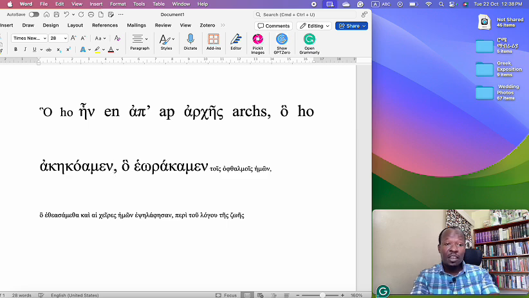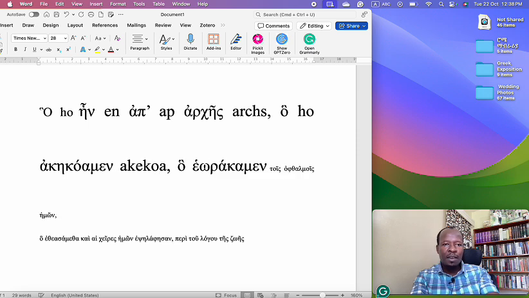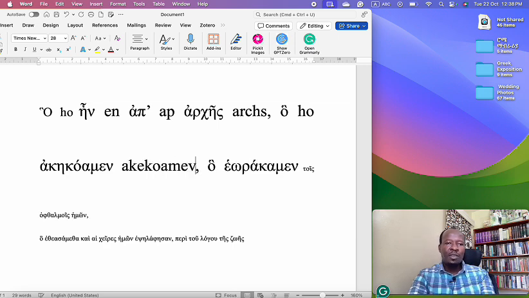Then akokamen. Again, here I don't need to have an H sound because this is smooth breathing. Alpha for A, kappa for K, omicron for O, alpha, mu, epsilon, and nu. Akokamen.